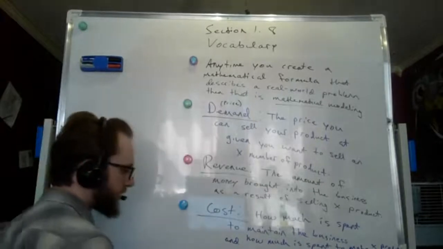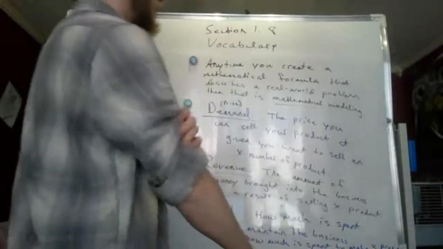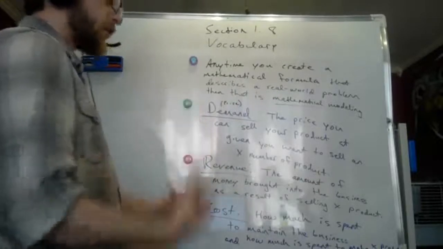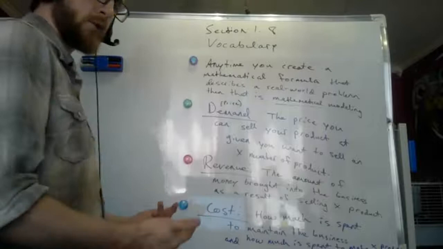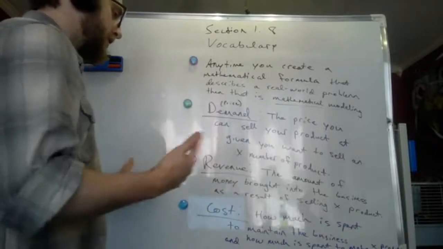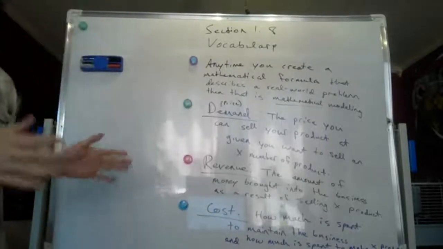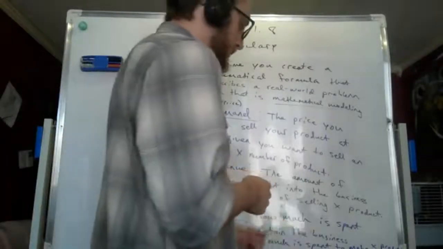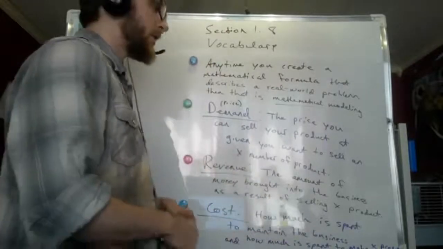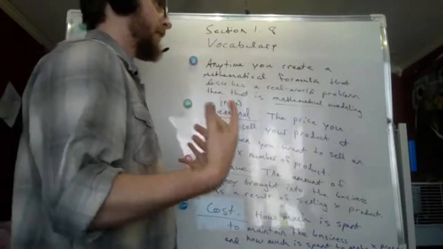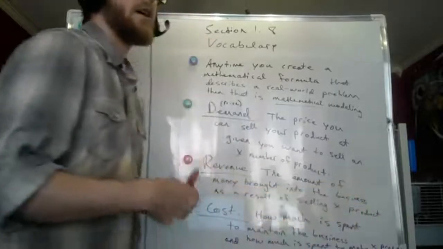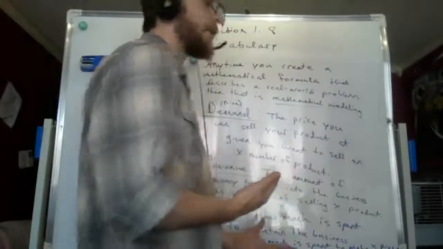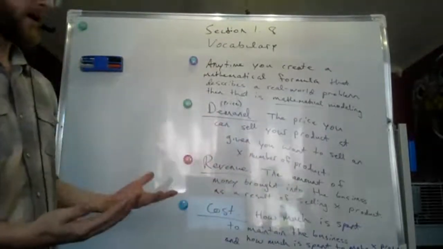So how much is spent to maintain the business, and how much is spent to make X product? Now, oftentimes, cost functions are based on what does it cost monthly, what does it cost weekly, and so forth. You'll have different cases depending on the question. But in general, it's how much it's going to cost for some amount of time. And then that cost is based off of, maybe you have some rent for a building you're using, or you have some flat rate employee salaries that you have to pay monthly regardless of how many X product you make.